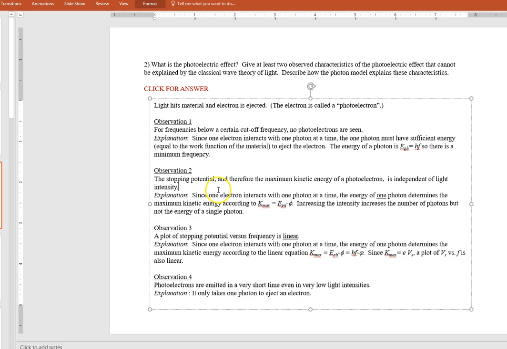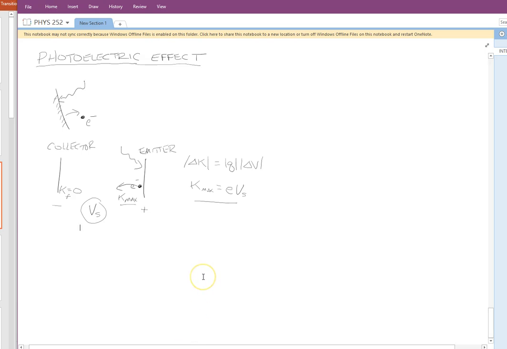The next thing. A plot of stopping potential versus frequency is linear. It's the linear part that we're emphasizing. So what that means is we do this experiment, if we change the frequency and measure the stopping potentials. So again, at one frequency, the stopping potential is a constant. It doesn't vary with light intensity.